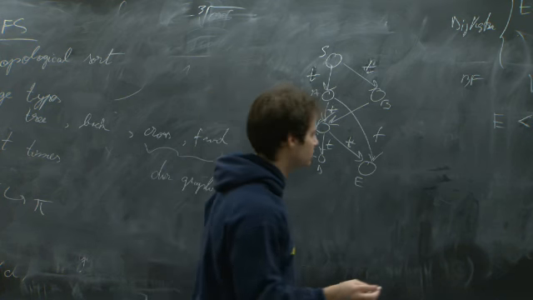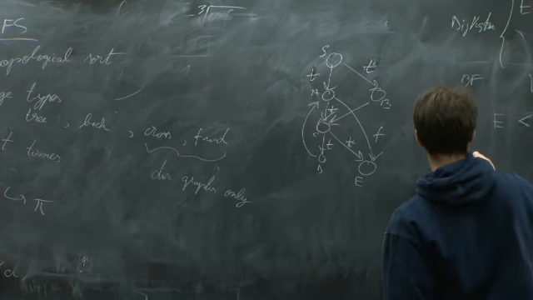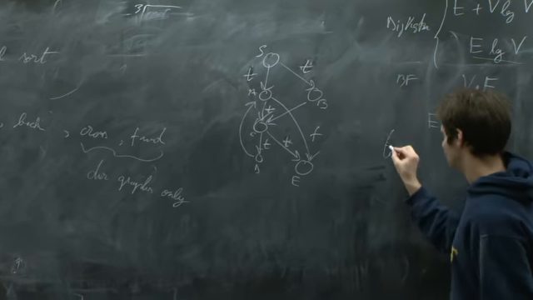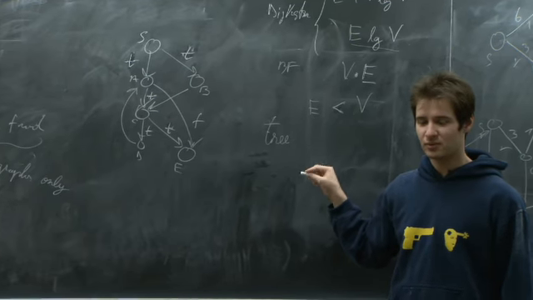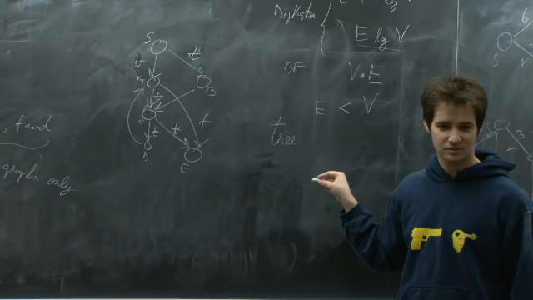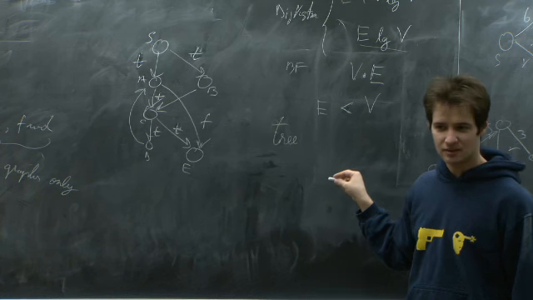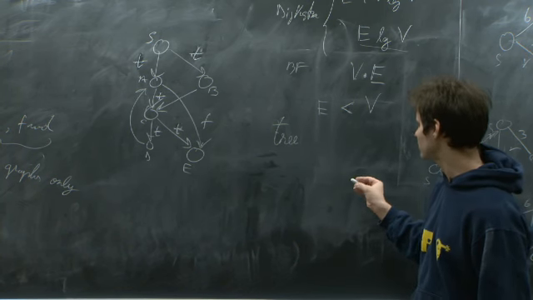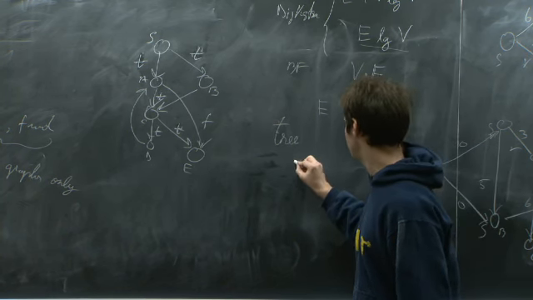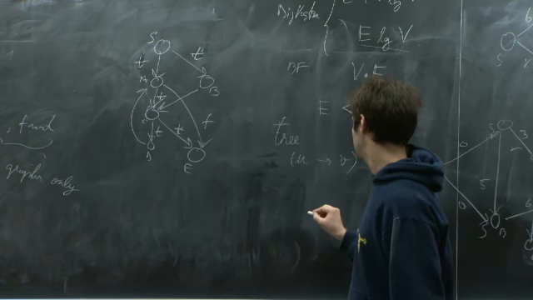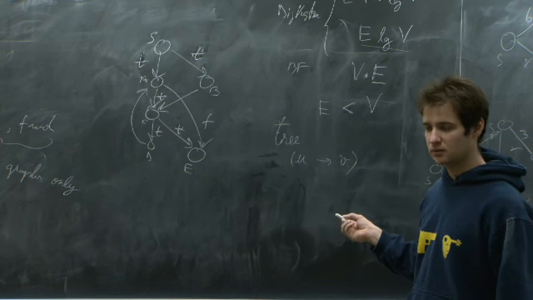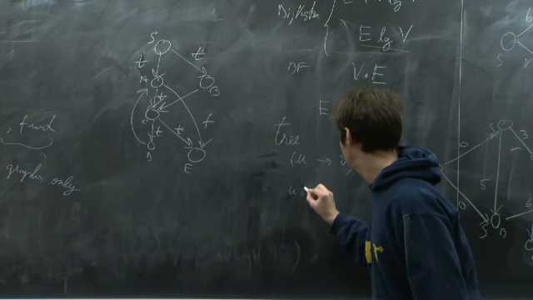Okay, so the tree edges are the ones that DFS uses to go forward. So they're the ones that map to DFS calls, to traverse. So how do we express that? Suppose you're at some node U and you have an edge UV. The parent of V is U. So you're at U right now.